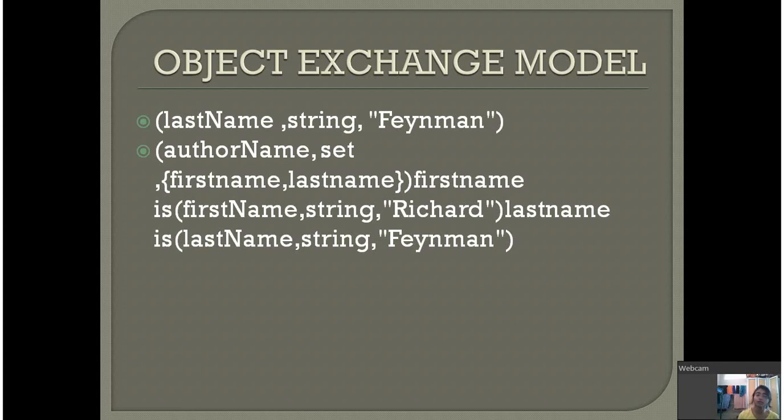From now on we are going to use an example of a document in XML that has the author's name, the books, the year of publication, and so on. In this object exchange model, first we see the last name, which is a string, and the last name is Feynman. In such a way it should be really easy for the user to understand. So from the graph model the object exchange model is created.